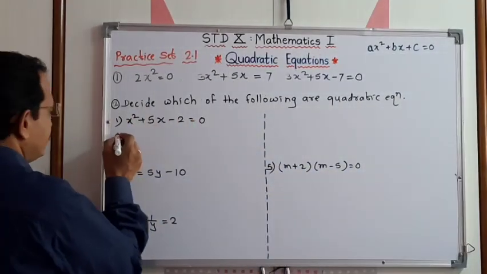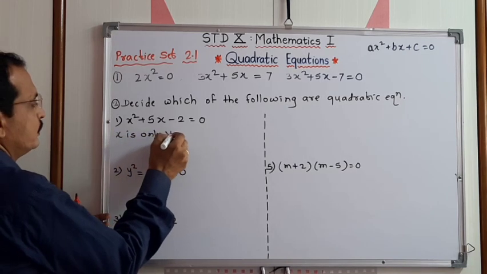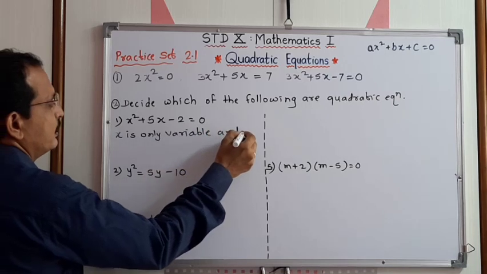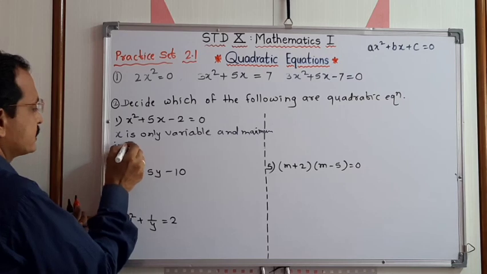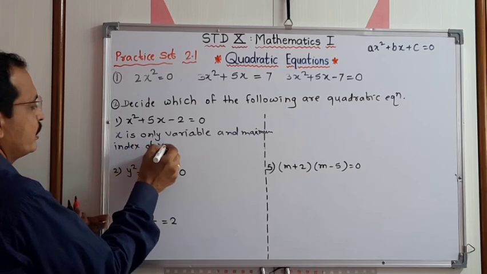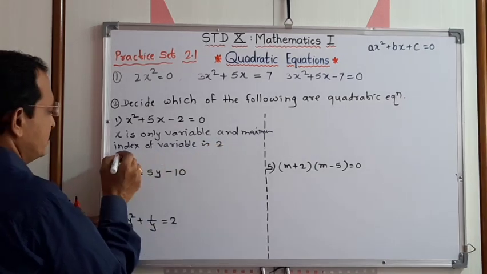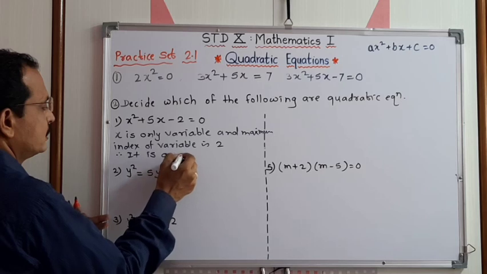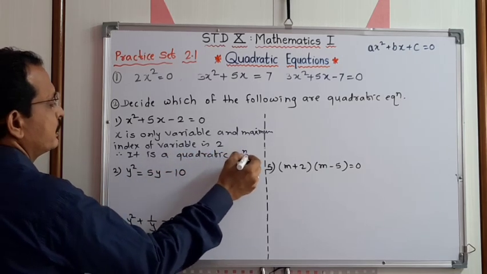We have to write here x is the only variable and the maximum index of the variable is 2. Therefore it is a quadratic equation.